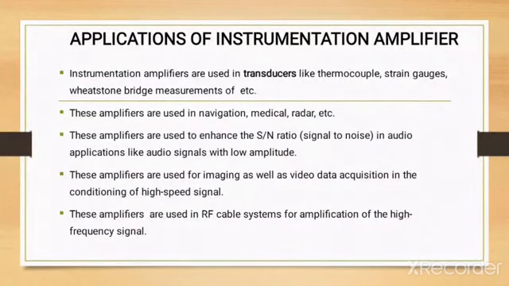This is where the instrumentation amplifier is very much used, to amplify the very weak electrical signals from the transducer to some amplified value and give them to the display.